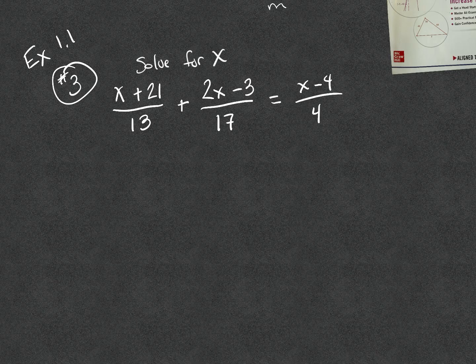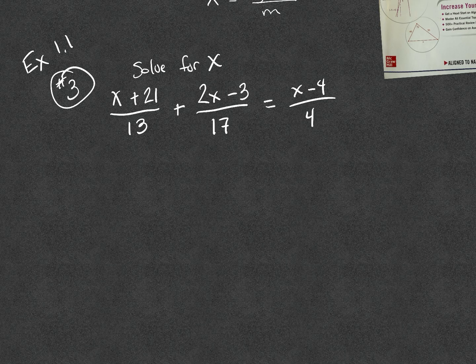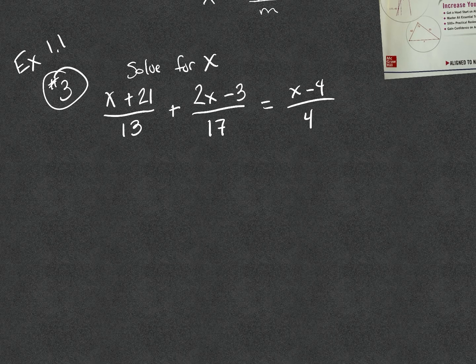Now, when I see something that looks like this, the very first thing that I want to do is to clear the fractions. I don't like to see it in fraction form. It's messy, and if I have it simplified, I can more easily solve it for x.